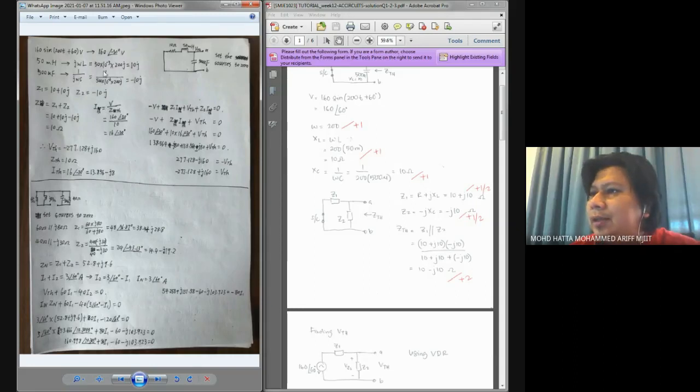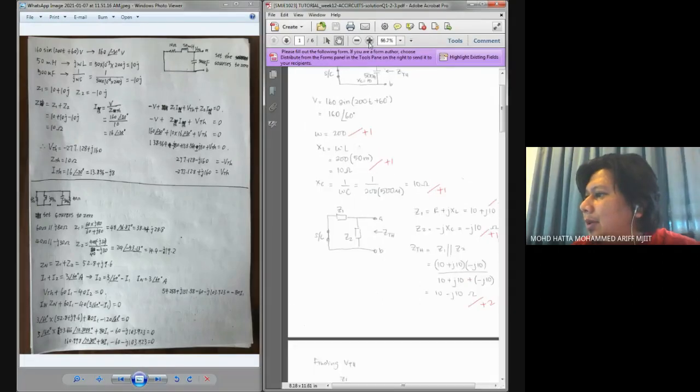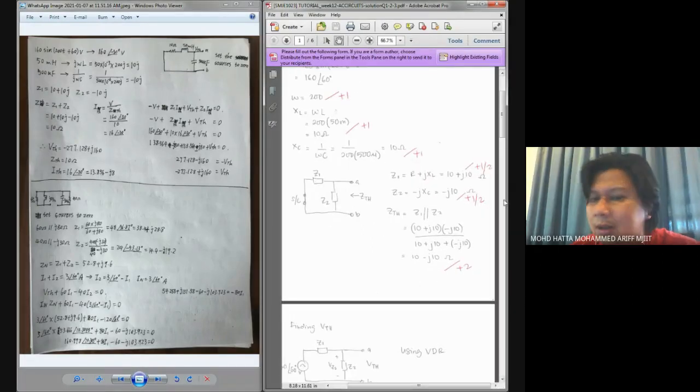If you look at the connection itself, yes, of course, it is in series. So Z1 over here, I put Z1 as R plus JXL because this is our Z1, and Z2 is the capacitor that we look at over here.